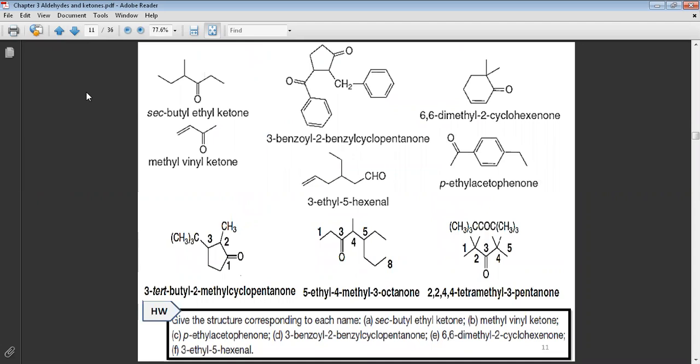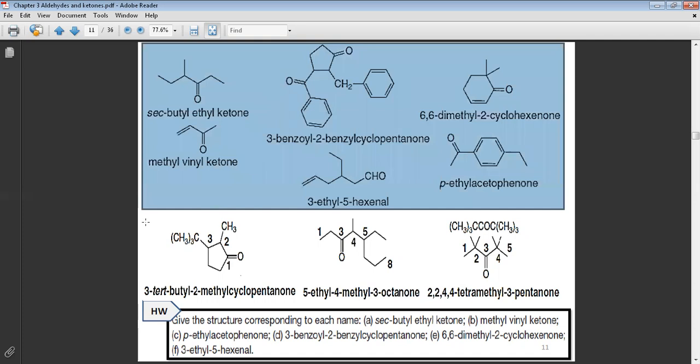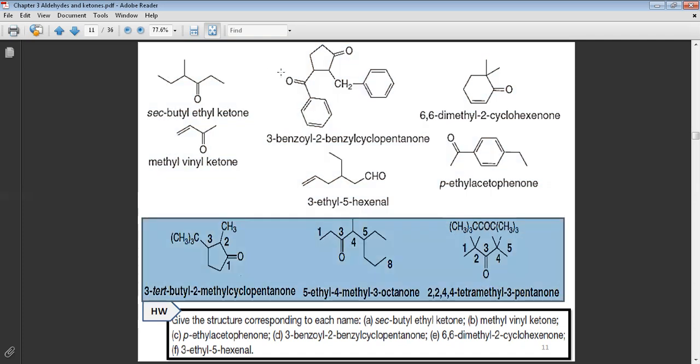Look at this compound. For the first time maybe it will be complex for you. We took it before. This group is benzyl. We know that, we took it before. And this group is benzoyl. This group here.